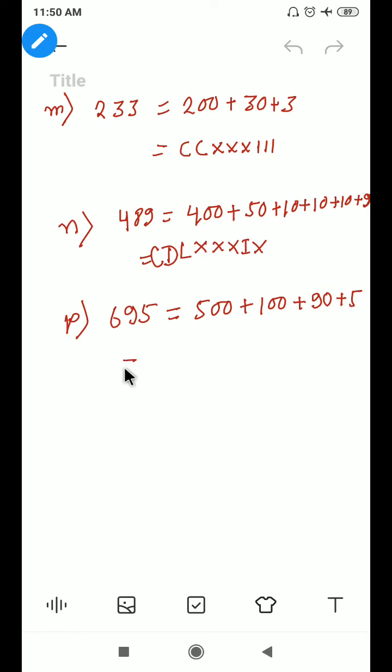So 500 is denoted by D, 100 is denoted by C, 90 is 100 minus 10, so you write XC, and 5 is denoted by only V.